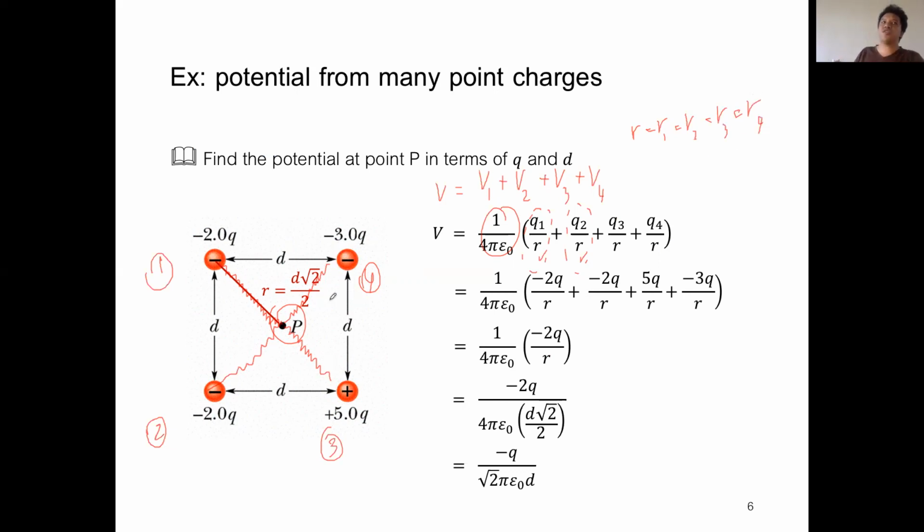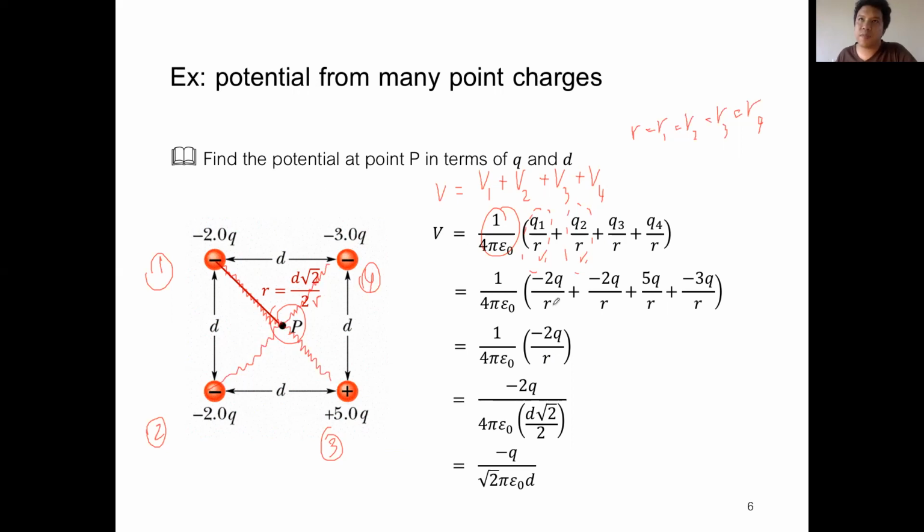Then you use the Pythagorean theorem and find that R can be written in terms of D as D over square root 2.